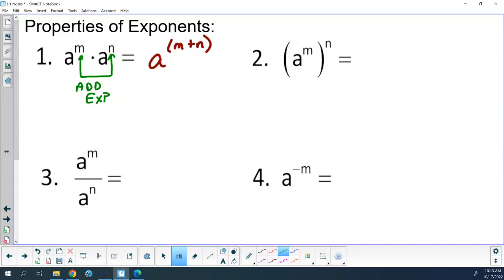Conversely, number 3 here, when you're dividing the same base with exponents, then you subtract the exponents. Top minus bottom.